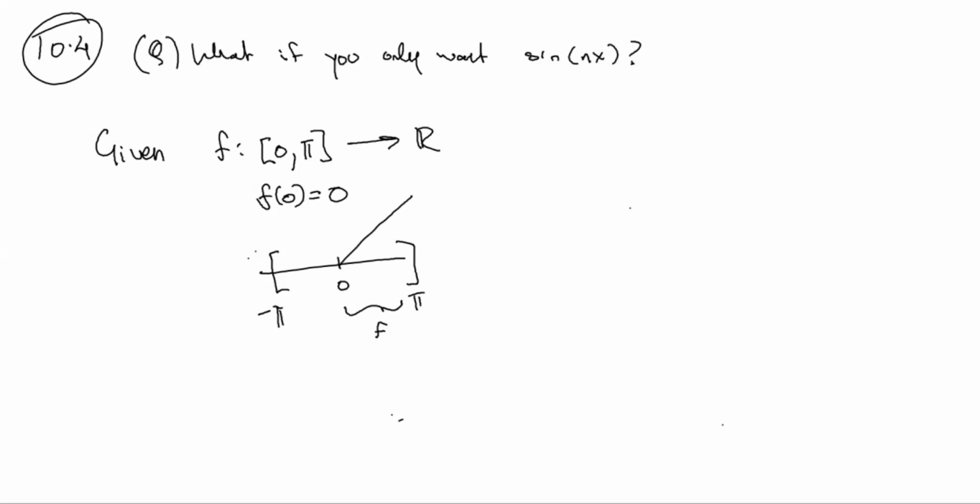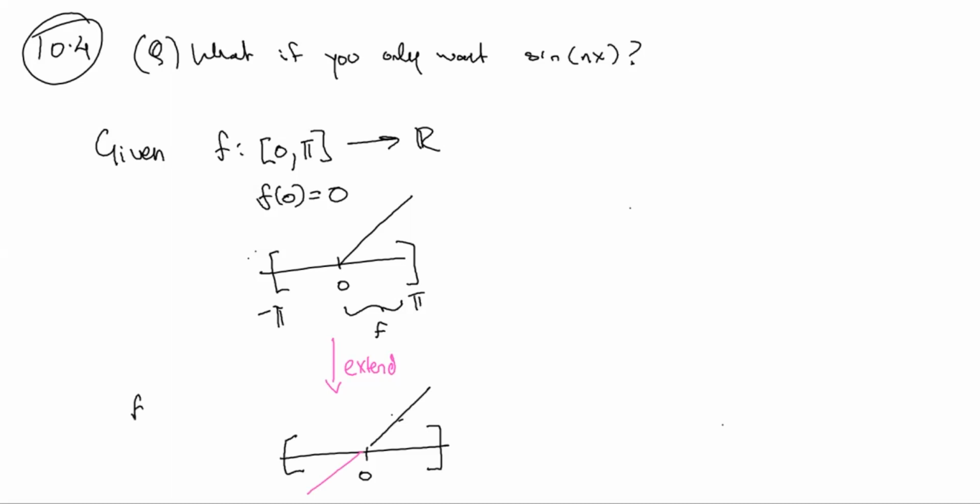One easy thing you can do is extend this to an odd function in the obvious way. Right now the function is only defined on half the interval. You can define it on the other half to be whatever it needs to be to make the function odd.